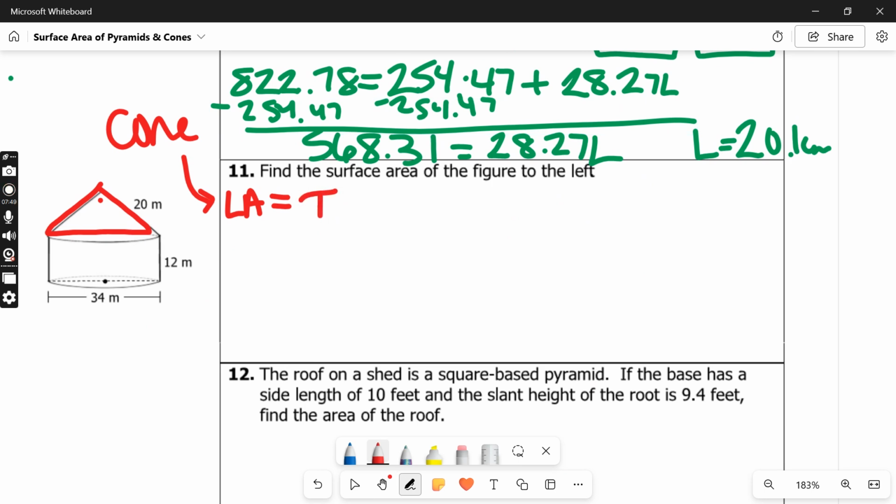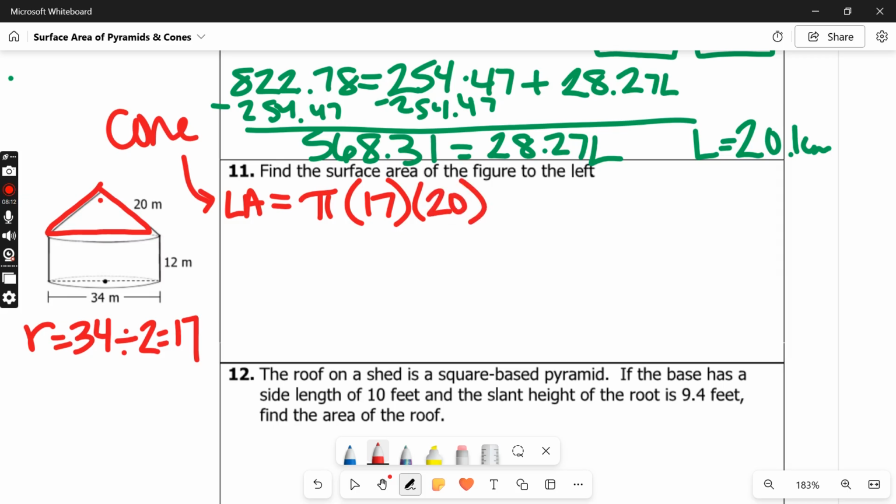So we're going to do pi. My diameter is 34, so to find my radius, I'm going to do 34 divided by 2, which is 17. So lateral is pi r l, and my lateral is 20. My radius is 17.